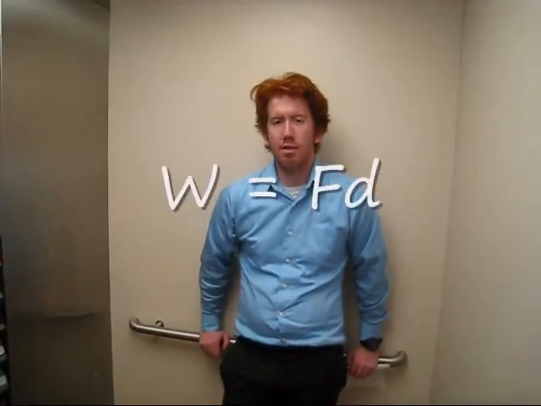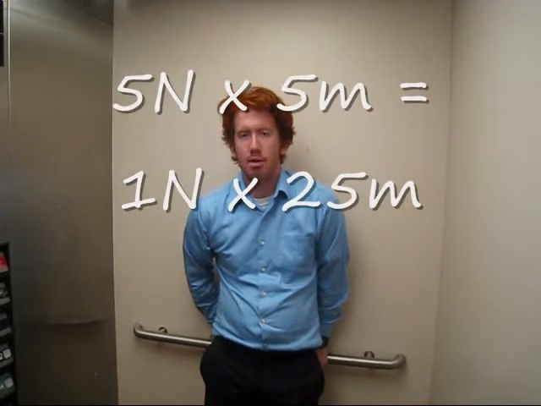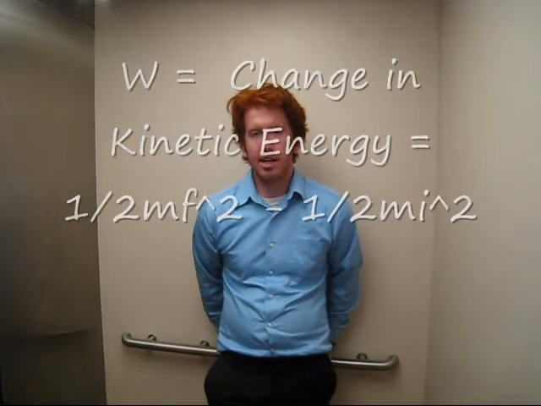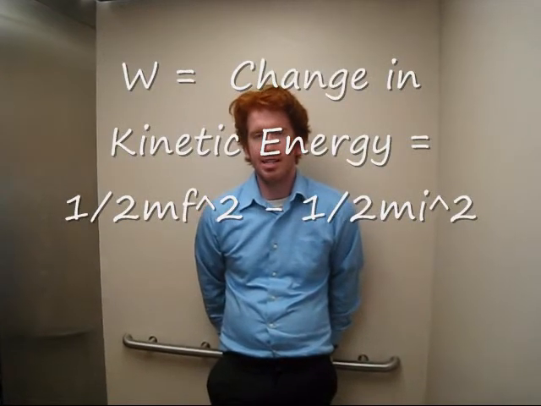Work is equal to the force exerted multiplied by the distance over which that force is exerted. A large force over a small distance is equal to a small force exerted over a large distance. Work is also equal to the change in kinetic energy, or 1/2 mass times velocity final squared minus 1/2 mass times velocity initial squared.